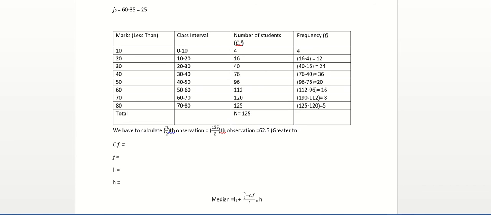So the value which is greater than or equal to 62.5 is 76. So this is our median class. This value we have to find from CF only. Okay. So this is your median class.